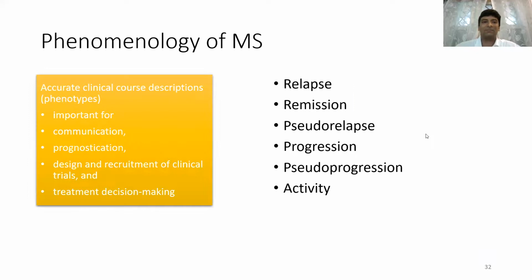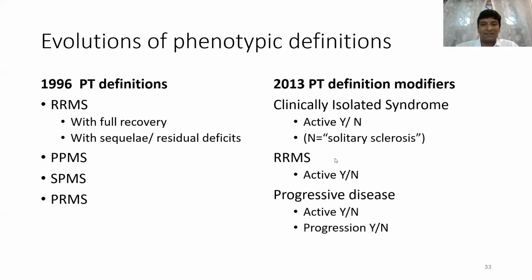Okay, so some important terms to understand in the MS phenomenology, what is meant by relapse and remission, pseudo-relapse, progression, pseudo-progression, and activity.